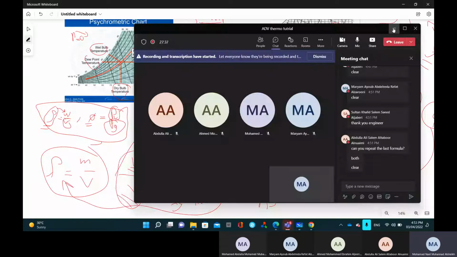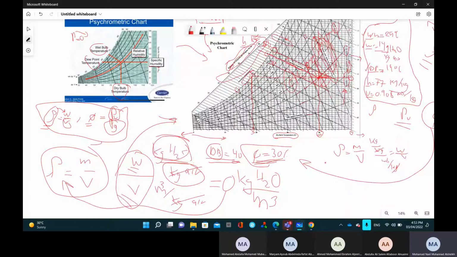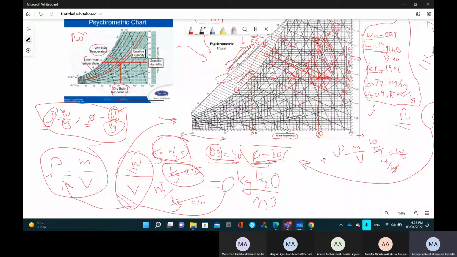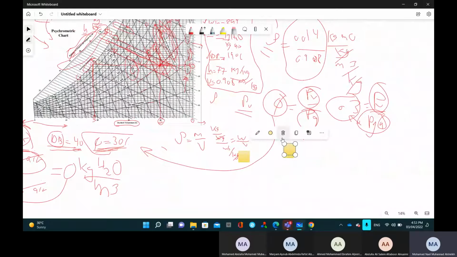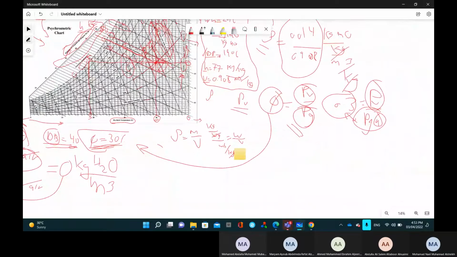Okay, good. Now for the vapor, from the beginning of your chapter 7, the relative humidity phi can be found from PV divided by PG at the operating pressure.